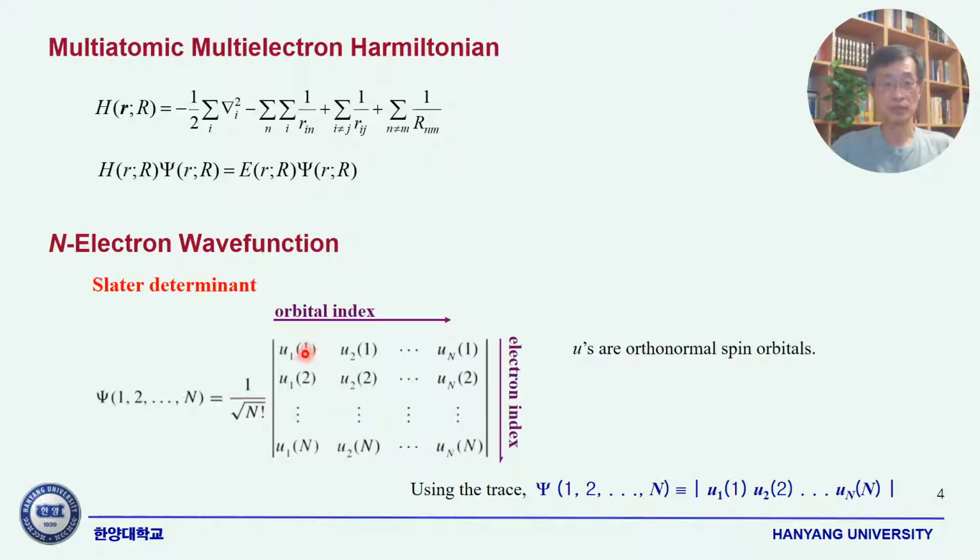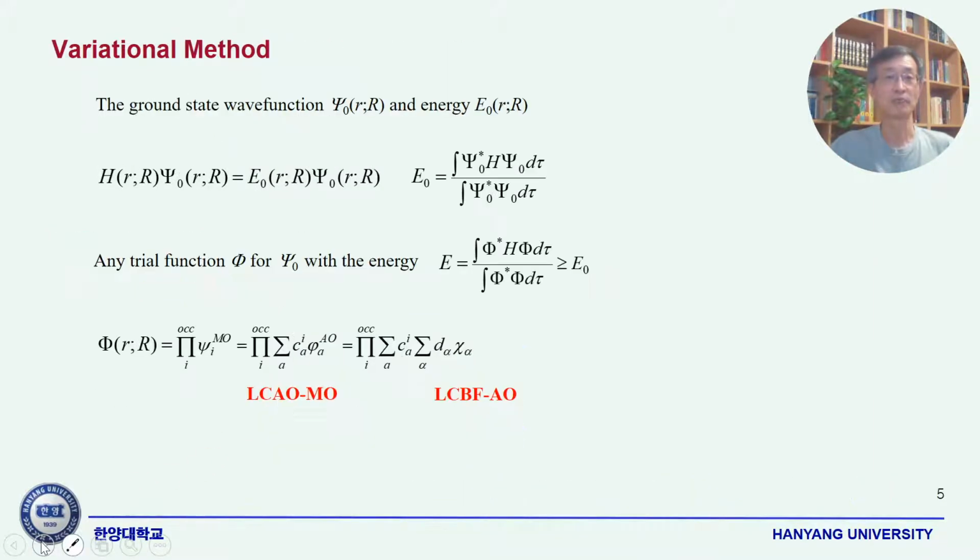The row index is for electrons and the column index is for orbitals. A simple notation for this is to just list the diagonal between the vertical bars. So this is a way we can express the n electron wave function. We are just reviewing this.